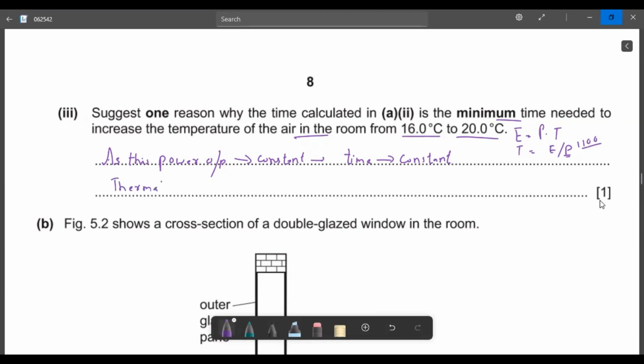Here the thermal energy is transferred to objects in the room.